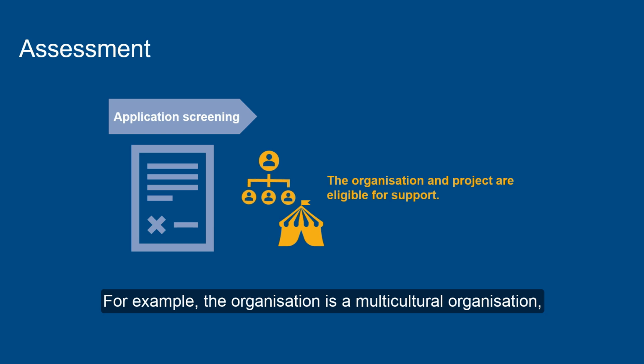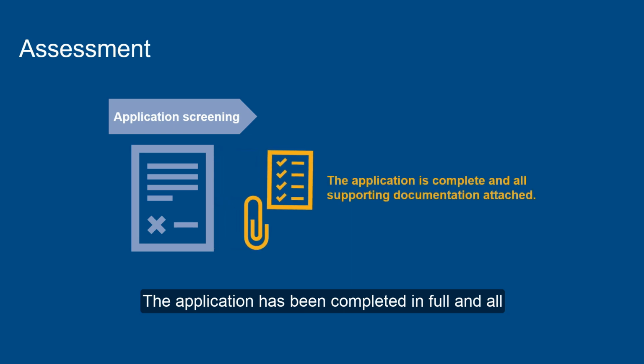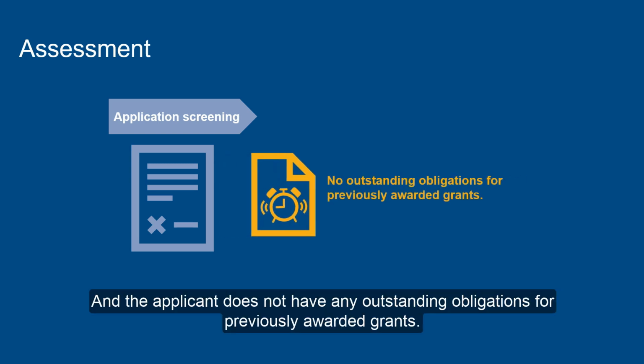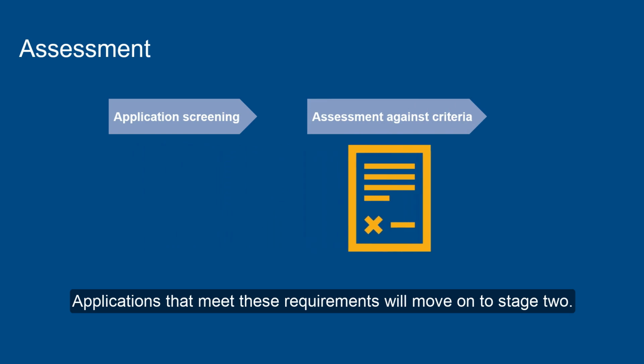For example, the organization is a multicultural organization and the project meets the grant purpose. The application has been completed in full and all supporting documentation has been provided. And the applicant does not have any outstanding obligations for previously awarded grants. Applications that meet these requirements will move on to Stage 2.